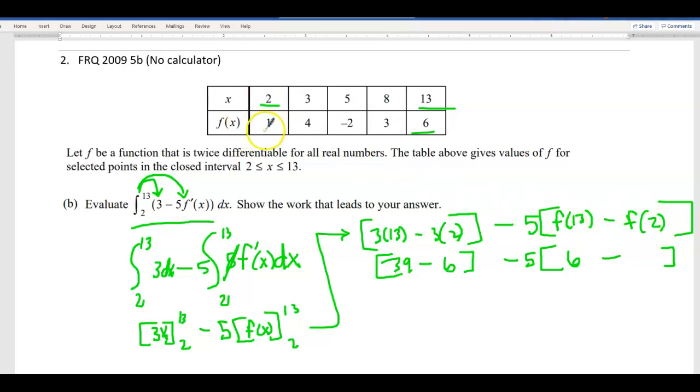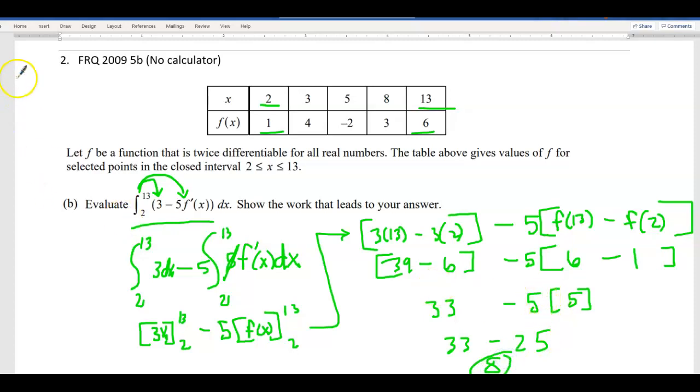Here's where x equals 2, and the f value is 1. Then we have 39 minus 6, which is 33, minus 5 times, 6 minus 1 is 5, and 5 times 5 is 25, and so we end up with 8 as a final answer.